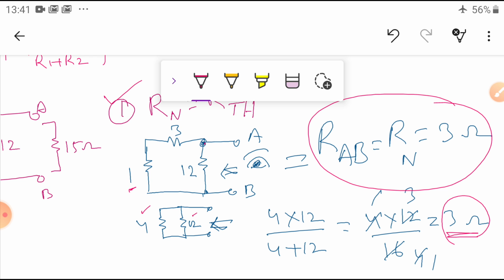That is the equivalent R AB, or R Thevenin.